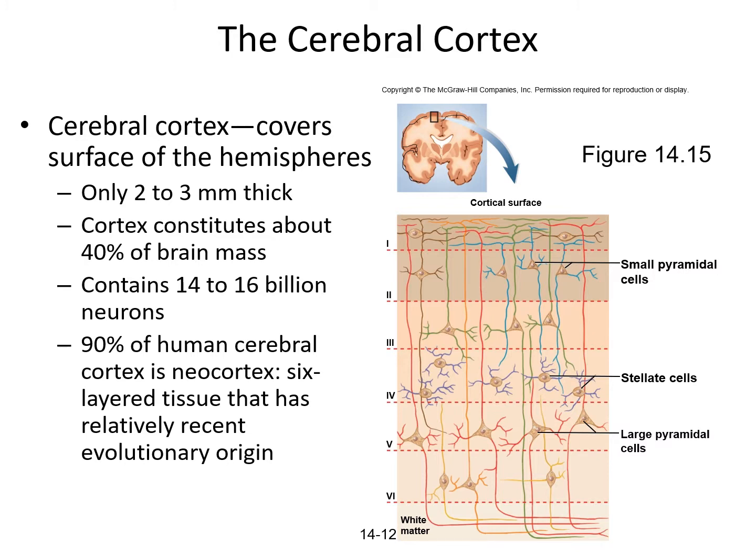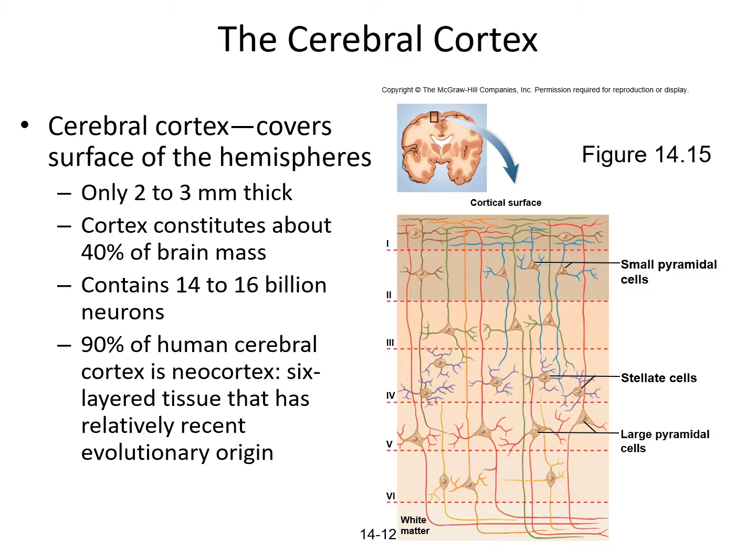And those gyri and sulci impart a lot more functionality because you're essentially packing more surface area into this fairly limited space within the cranium. So the cortex does constitute a surprising amount of the brain's mass, about 40%. And that's including about 14 to 16 billion neurons.